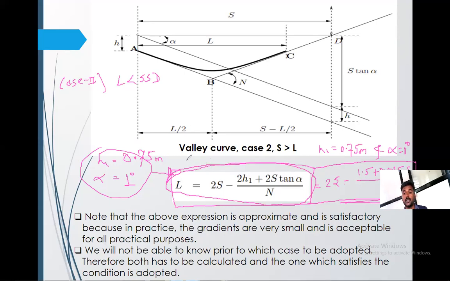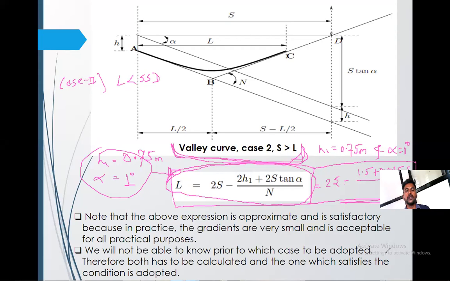In practice the gradients are provided such that they are suitable for all conditions. Also, we are not able to know beforehand which case is to be adopted. Therefore, both have to be calculated, and the one which is satisfactory will be adopted.